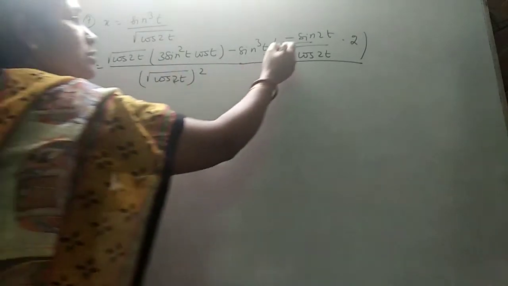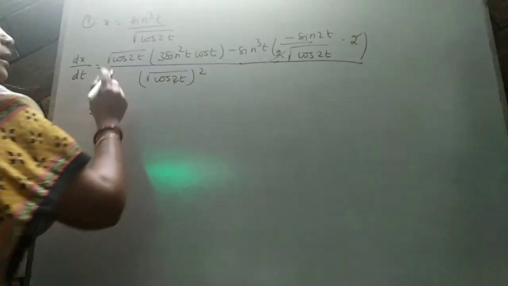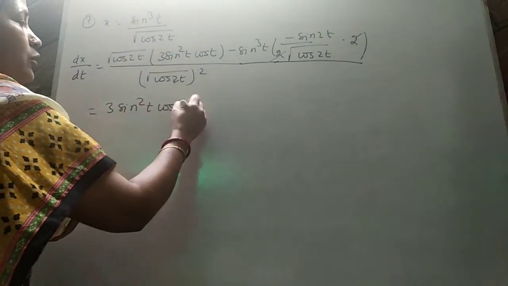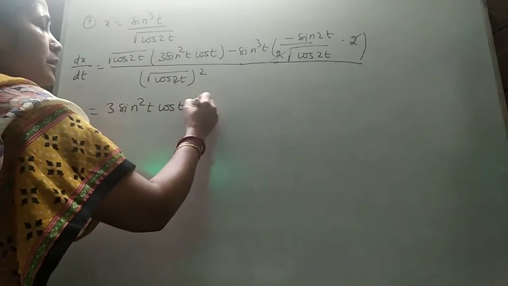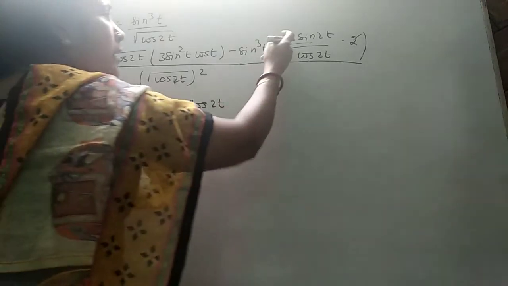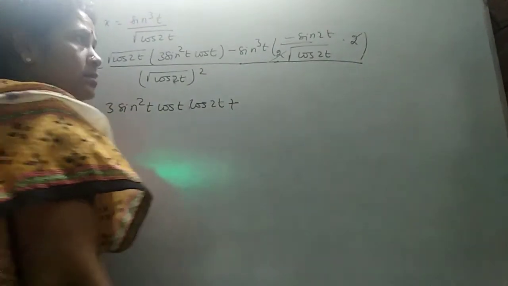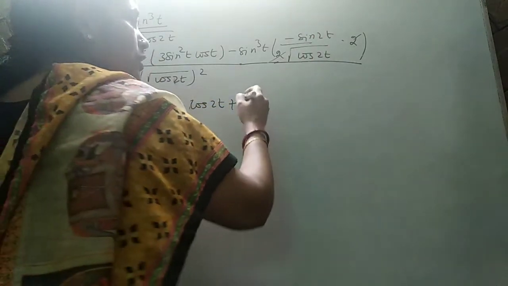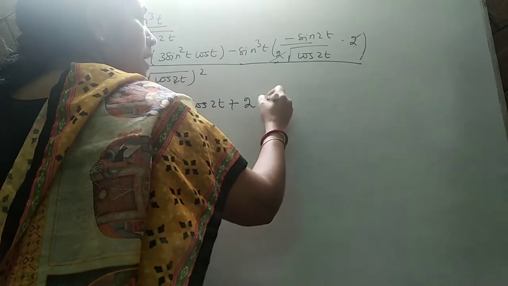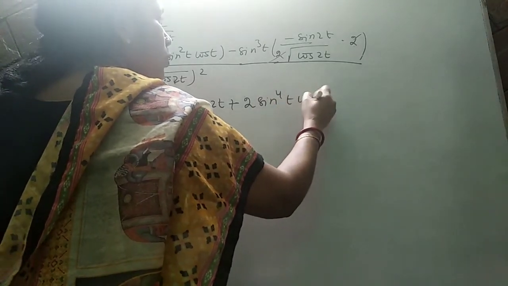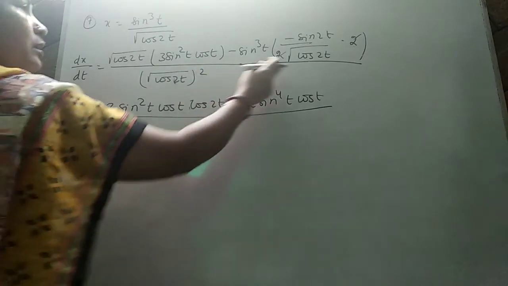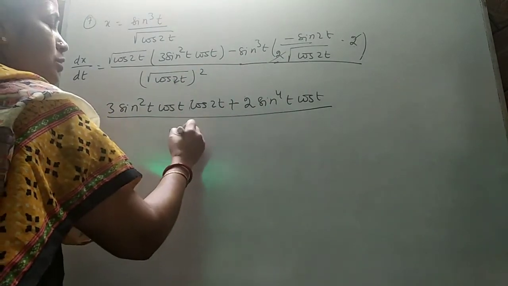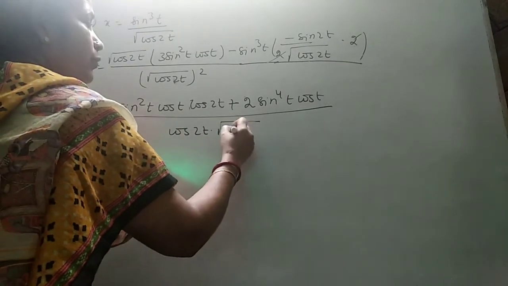I'm taking LCM, this 2 will be cancelled, and so 3 sin square t into cos t into cos 2t, as the under root will be cancelled, and then minus here we will get a plus. I'm writing sin 2t as 2 sin t cos t, so we will get 2 sin power 4t into cos t, the whole upon the denominator, cos 2t into under root of cos 2t.